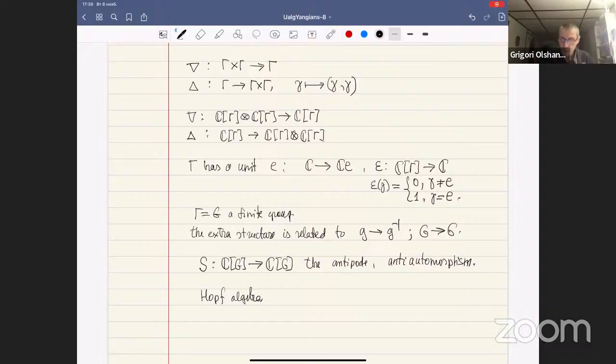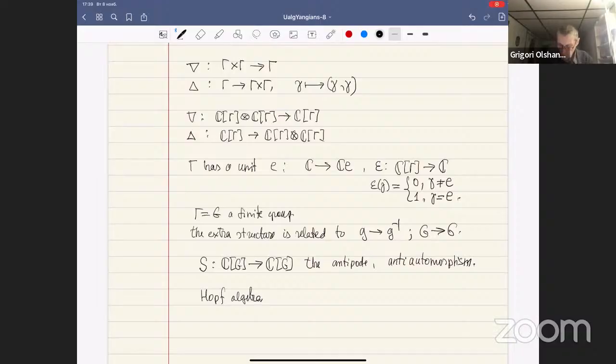So the simplest model example of a Hopf algebra is the group algebra of a finite group. But in this case, in general, the multiplication can be not commutative, but the co-product is co-commutative.